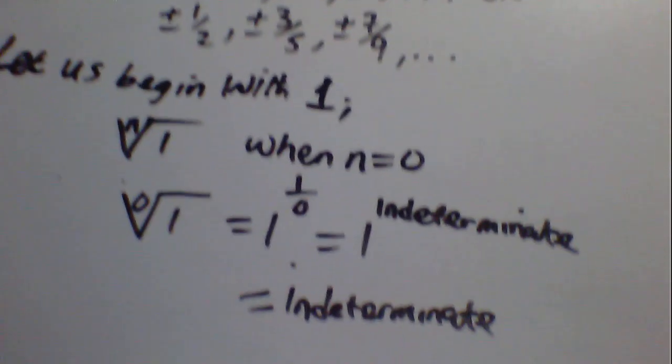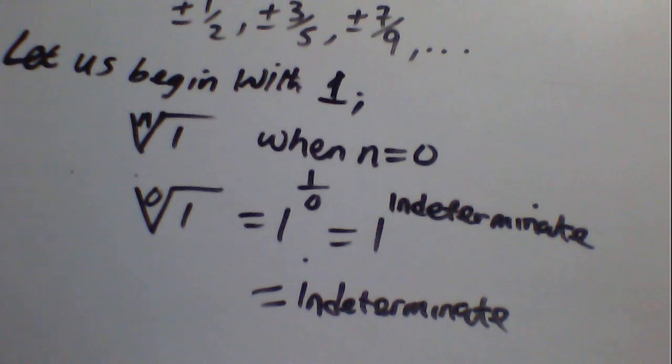So 1 to the power of indeterminate gives us the result indeterminate. So this is for the nth root of 1 when n is equal to 0.